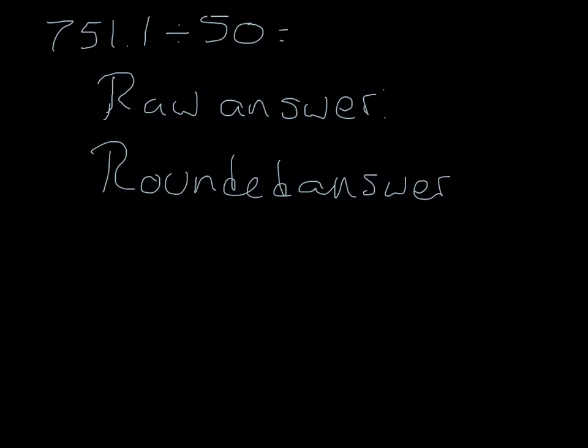I count uno, I count dos, I count tres, I count cuatro. I see 4 total significant figures in 751.1. And then I will do the same for 50. I see a grand total of 1 significant figure in 50. That means our rounded answer will have 1 sig fig in it.